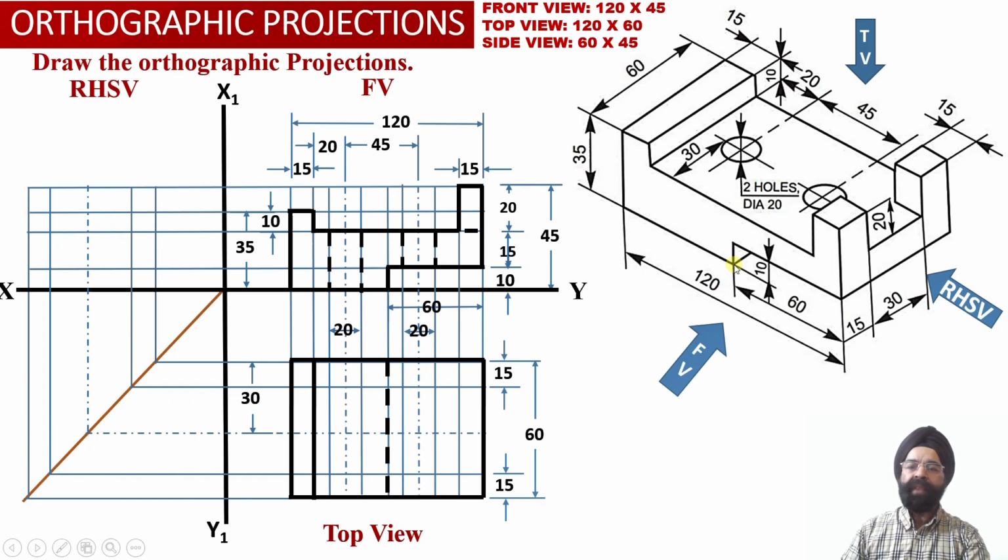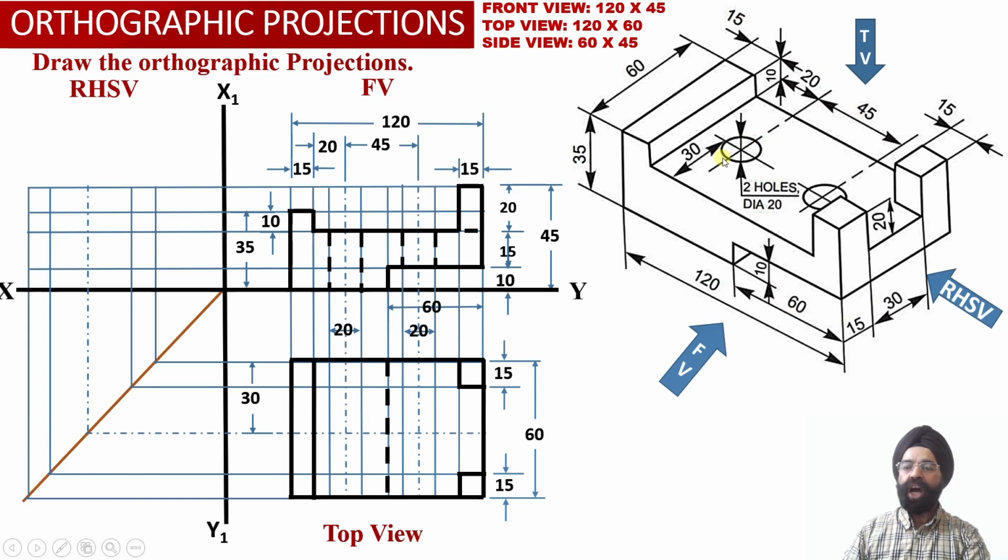Another thing we can check, corresponding to these two vertical square blocks having dimensions 15 millimeter by 15 millimeter, we can now draw two blocks over here, one block at the rear having a square of 15 by 15. So here we can check the depth is 15 and the width is 15, corresponding to another square block which lies on the front side of the solid. So here we have the depth equal to 15 and the width equal to 15.